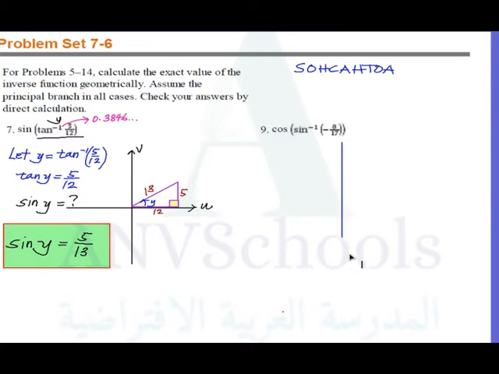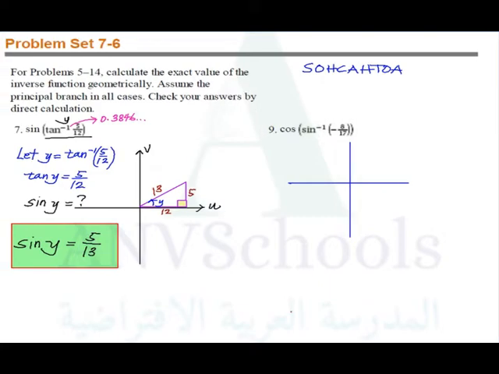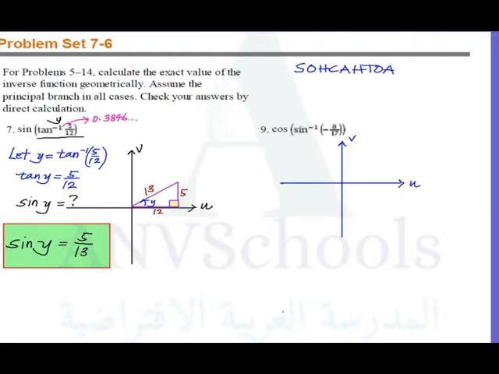So this is our axis, this is the v-axis, and this is the u-axis. Our inverse sine is negative, meaning it's on the fourth quadrant. So it must be here.